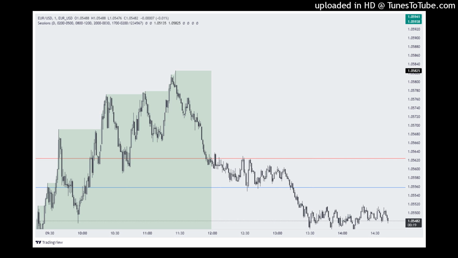So what does that look like again? Everything above 10K is where you risk ideally 1%. Then everything 10K down to 9,600, 9.6K, is where you risk 0.5%.